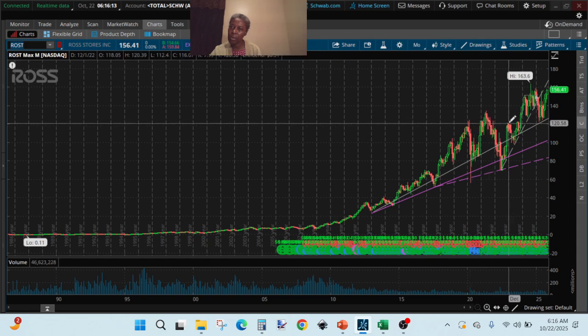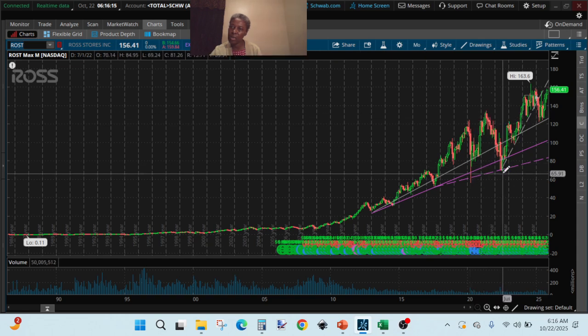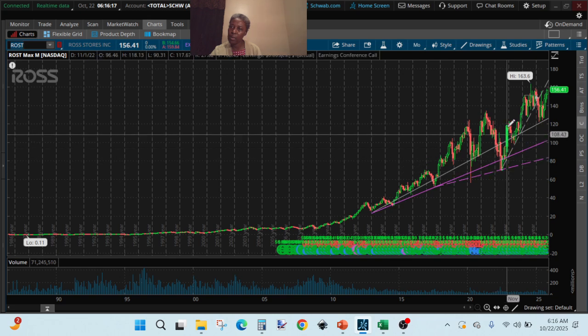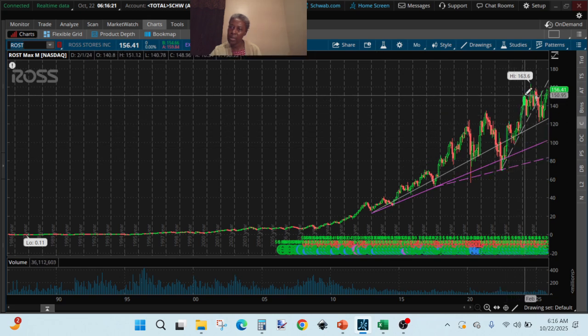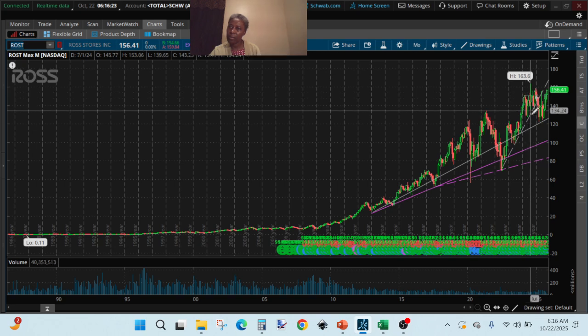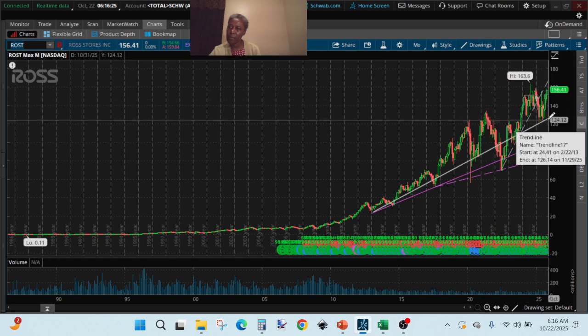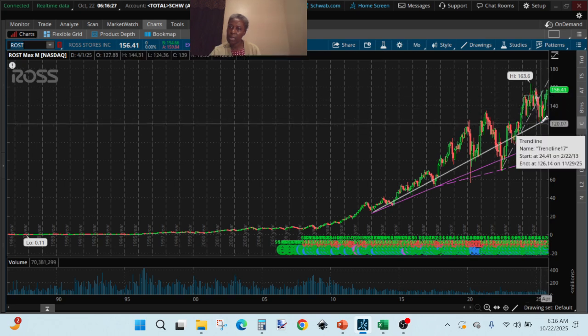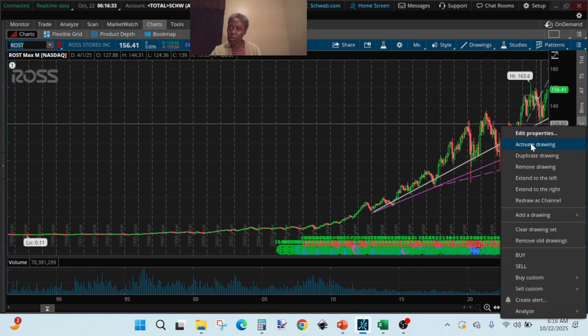But then the following year, when it touched base with this support line and started going up, okay, it went there, pulled back, and then reached it here. So this is a support line, a long support line as well.